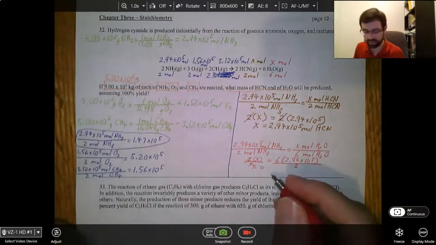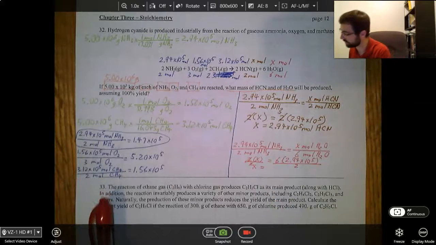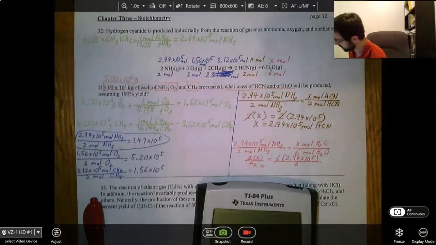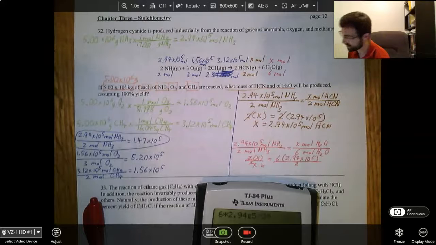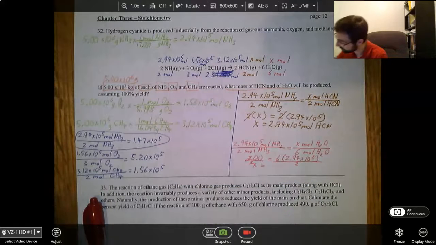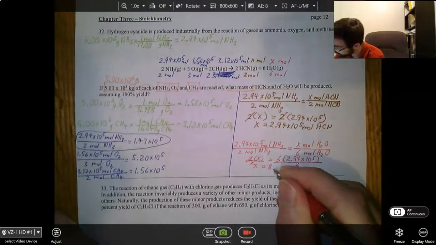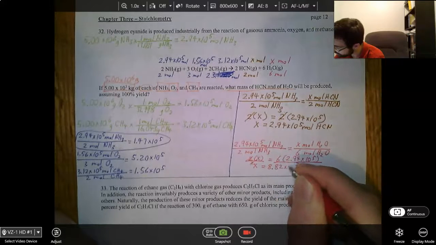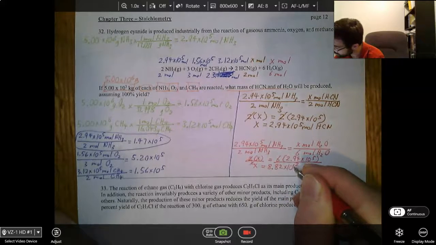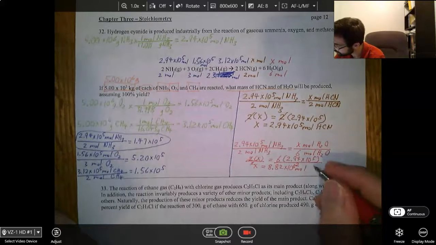And let's find out what that equals when I put that in the calculator. 6 times 2.94 times 10 to the 5th divided by 2, and I get 8.82 times 10 to the 5th moles of H2O.